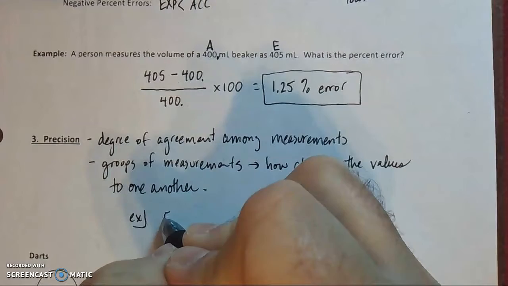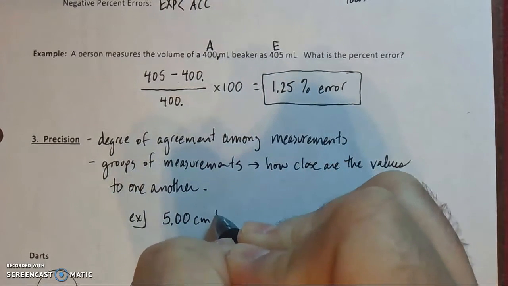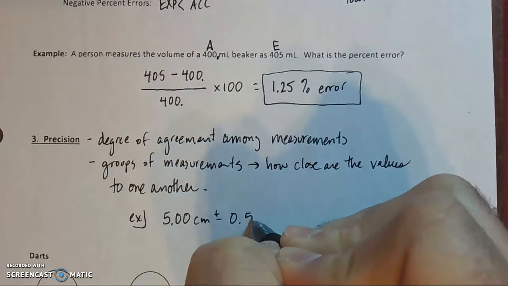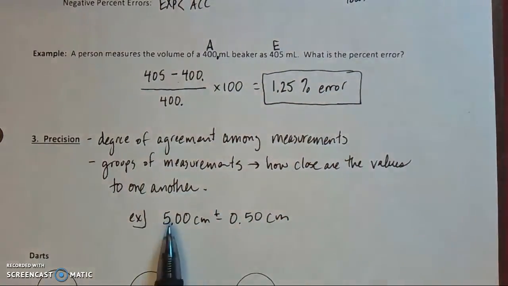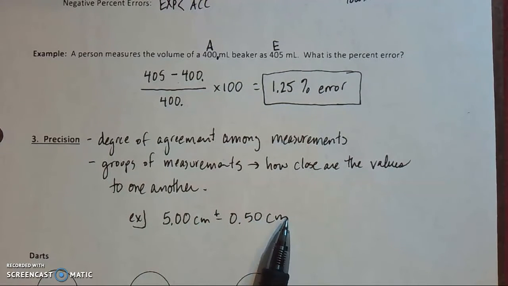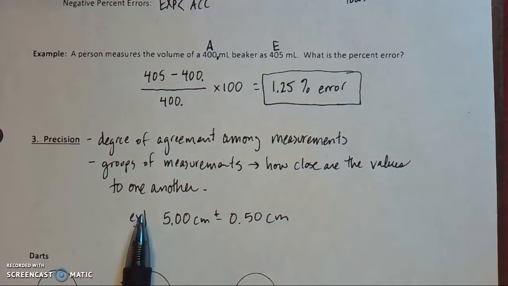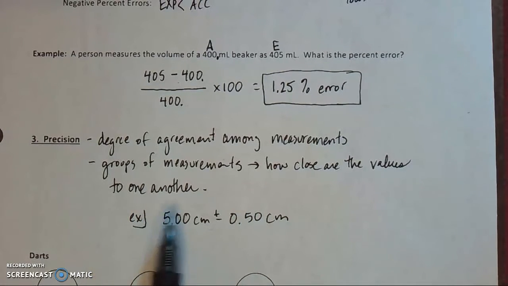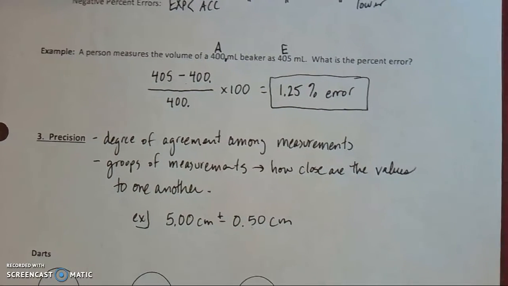So you might be given a measurement like this, 5.00 centimeters plus or minus 0.50 centimeters. So that means that most of the measurements are going to be between 4.5 and 5.5 centimeters. So that's a grouping measurement.